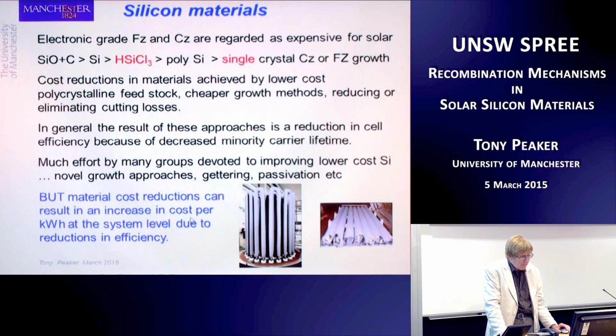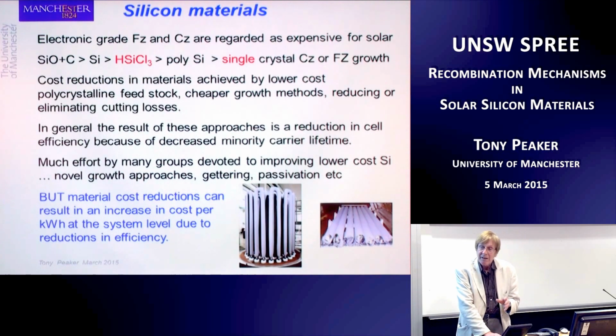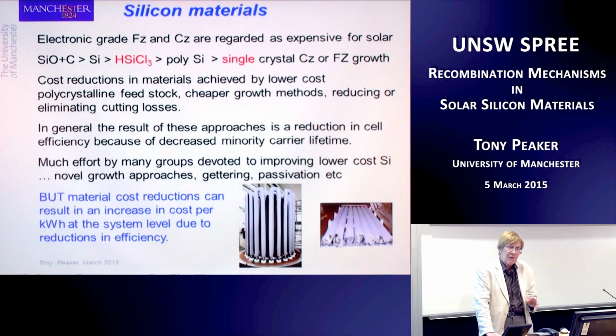But I think a very important thing, and this has become more and more significant as the years have gone by, is that reducing the cost of the material is not necessarily beneficial. You have to look very carefully at what price you're paying for that in terms of reduction in efficiency.